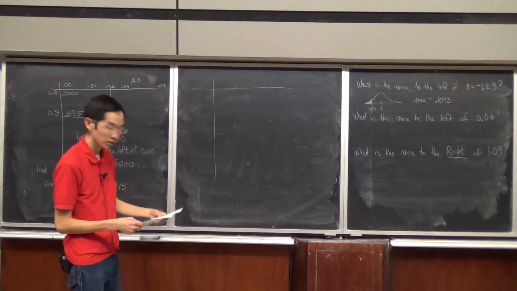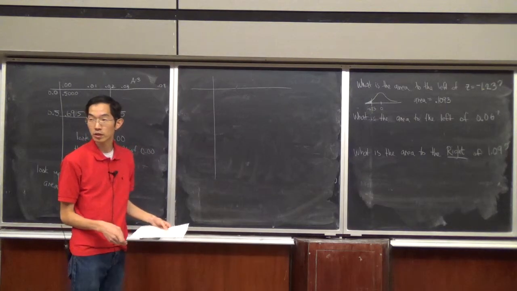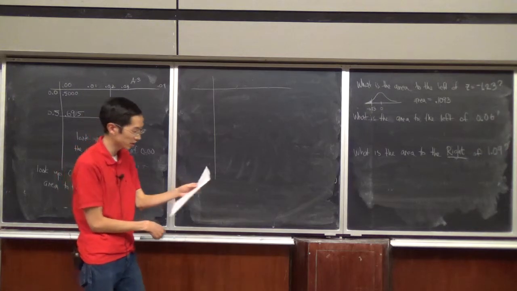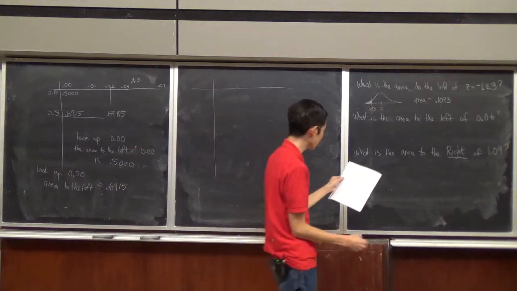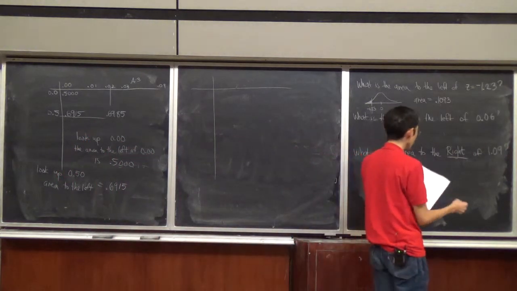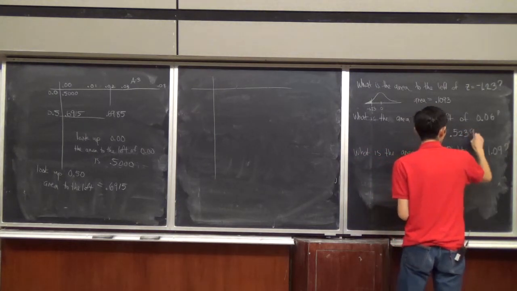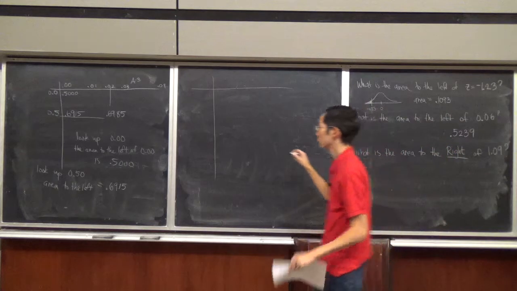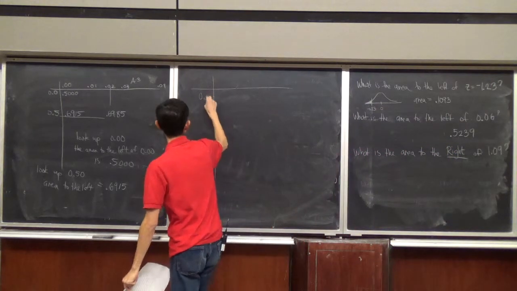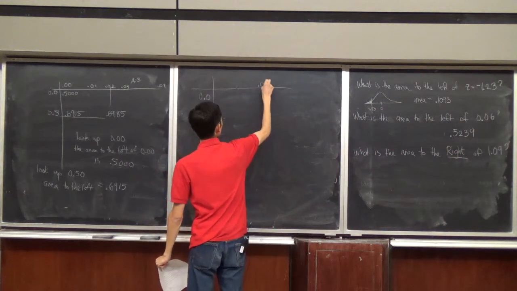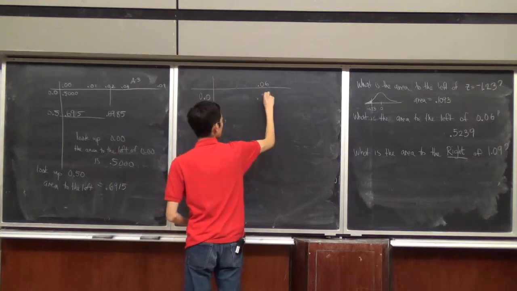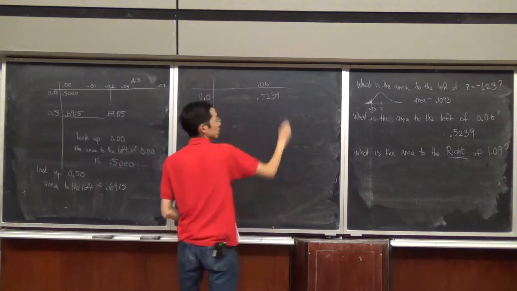You didn't want us to write whatever you were figuring out? No, that was just a quick thing. Okay, area to the left of 0.06, the answer there is 0.5239. So I'm going to the row 0.0 and the column 0.06, and I get 0.5239.